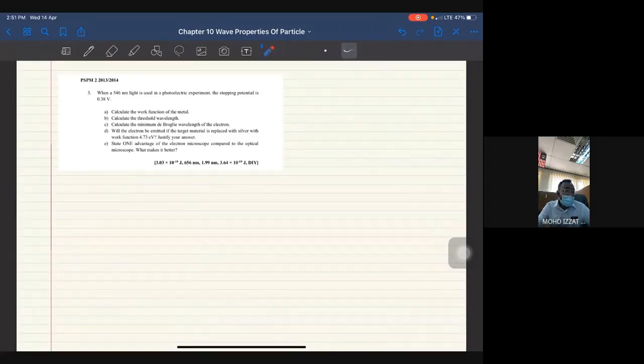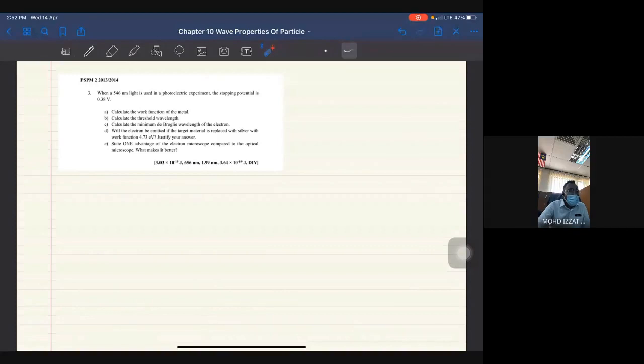Tapi bolehlah kita buat. Just a slide discussion on chapter sebelum ni juga. Chapter 9. Macam saya cakap lah, dulu memang soalan dia mix up between chapter 9 dan chapter 10.